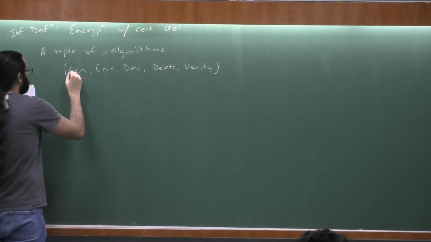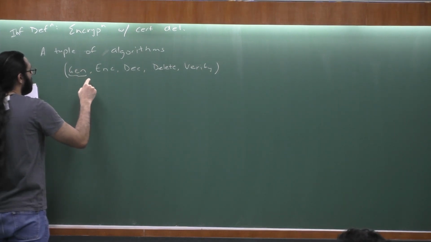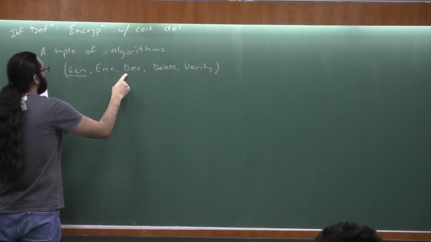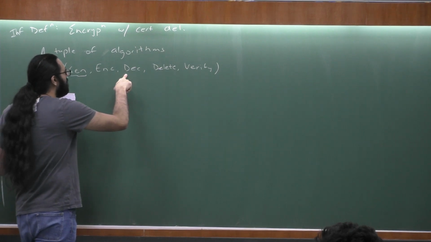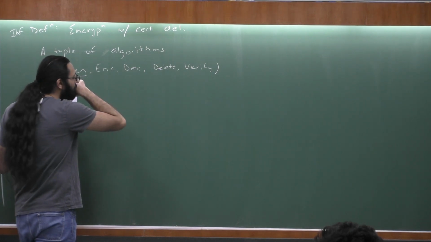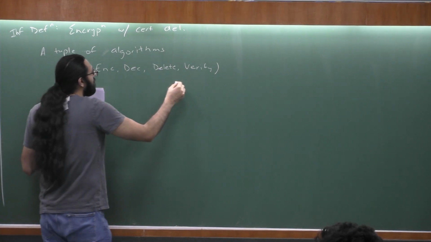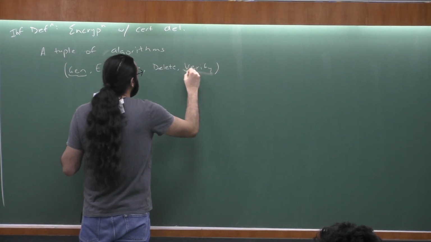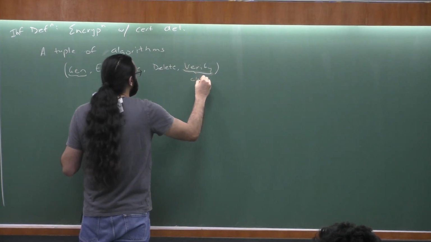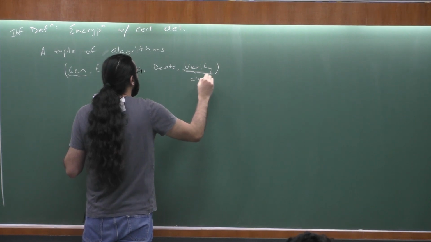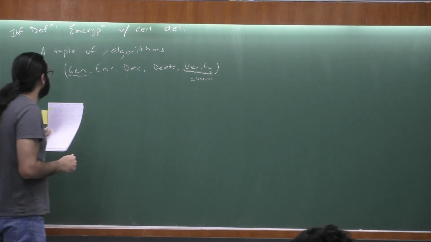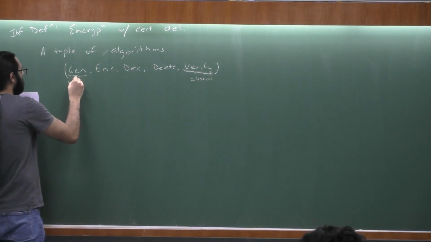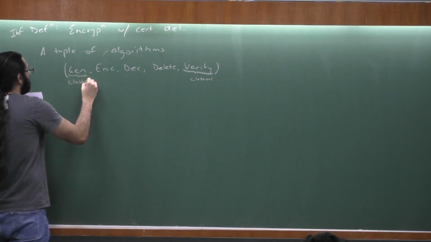We need verify to be classical, basically. This is the one that we care about mostly. So verify is what is classical, and this is classical in our construction.